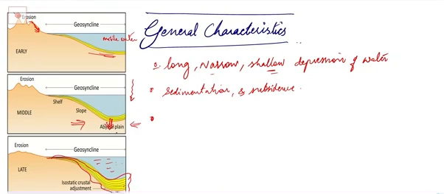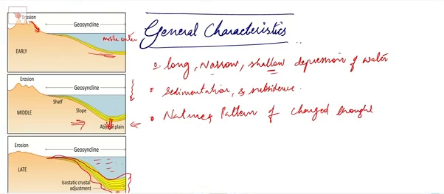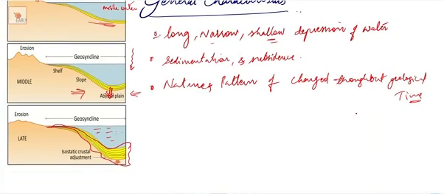And here, the nature and pattern of geosyncline changed throughout geological time. That means the nature and the pattern of geosynclines change throughout geological time, which is not constant. It changes and evolves. So this is the third characteristic of geosyncline.